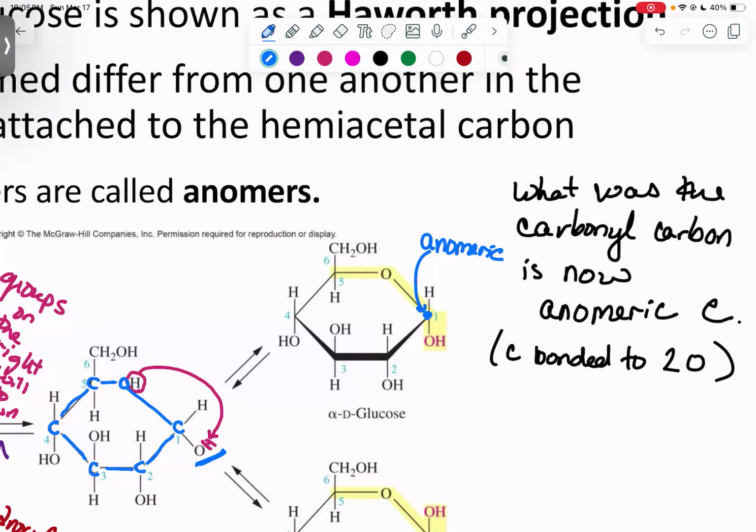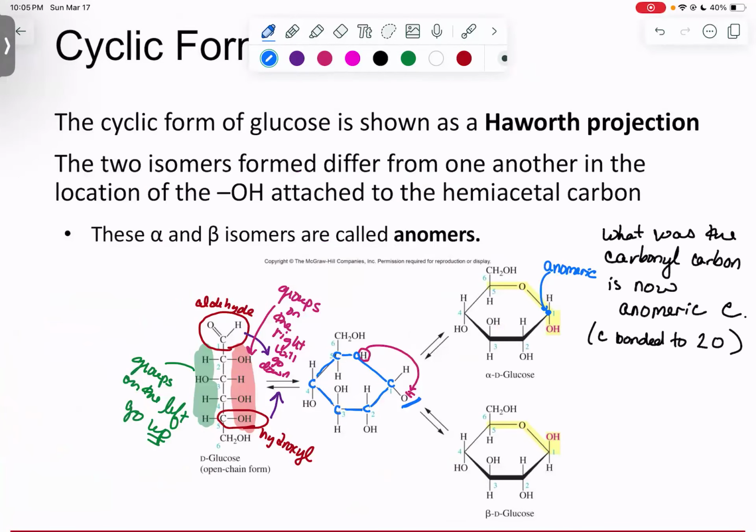So now if number 1 is the anomeric carbon, I'm going to go to number 2. And I need to know, is my hydroxyl on number 2 going to go up or down? Well, if it was on the right, it goes down. Go to carbon number 3. If it's on the left, it goes up. Go to carbon number 4. If it's on the right, it goes down.